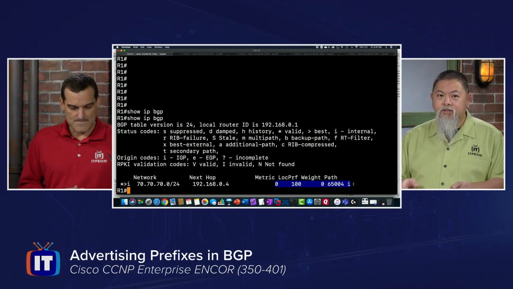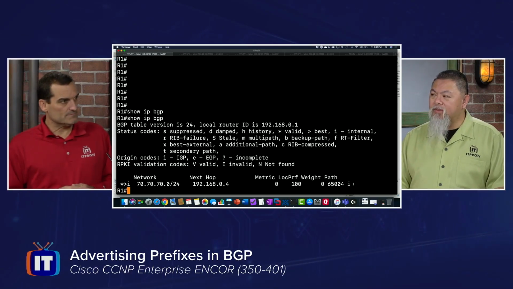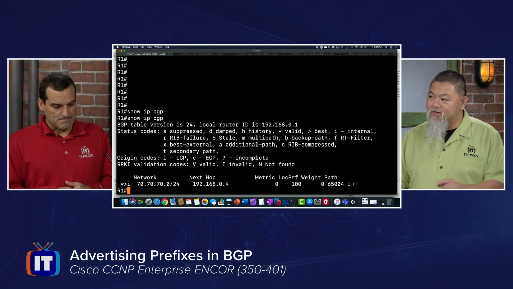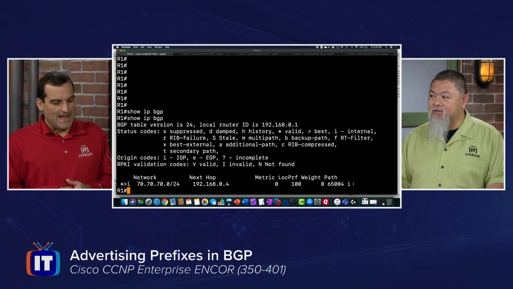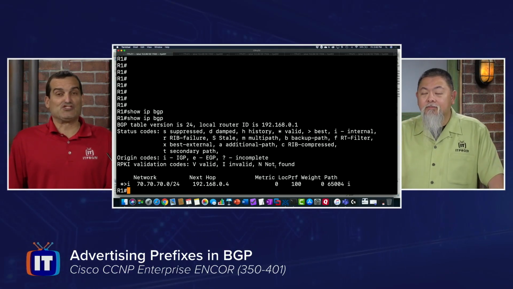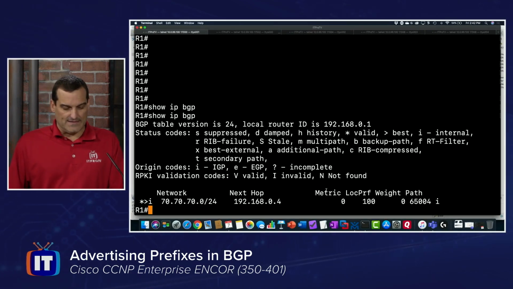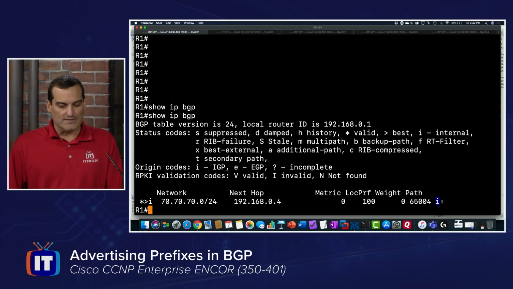Now, I do have a question as we're looking at this. On the left-hand side, I see an I, but we advertised this from router 4, which is in a different AS. Why isn't that supposed to be an external route? Such a great question. First of all, the lowercase i is super problematic here. Bad, Cisco. They have a lowercase i here and then a lowercase i over there.